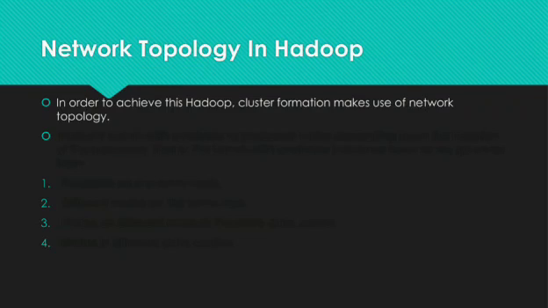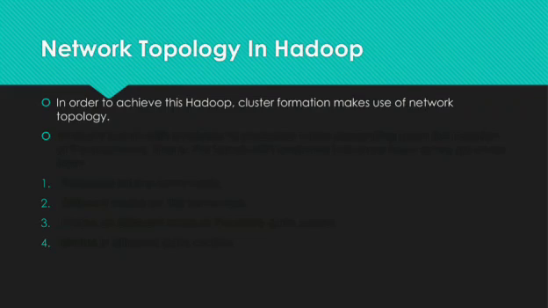The topology of the network affects the performance of the Hadoop cluster. When the size of the Hadoop cluster grows, in addition to the performance, one also needs to care about high availability and handling of failures. In order to achieve this, Hadoop cluster formation makes use of network topology.